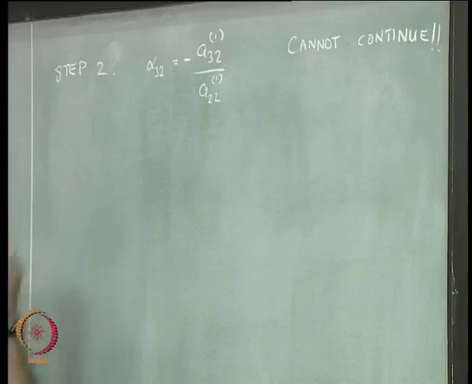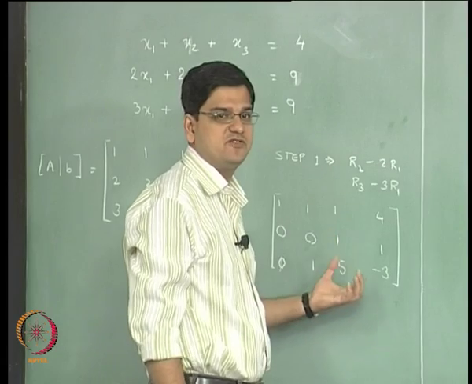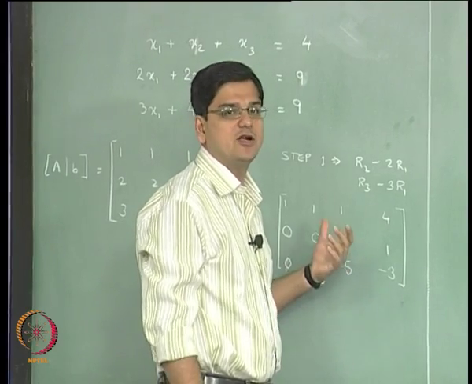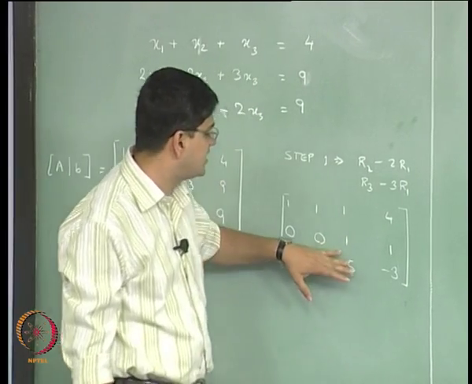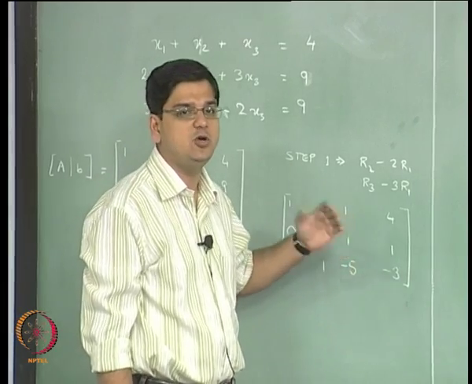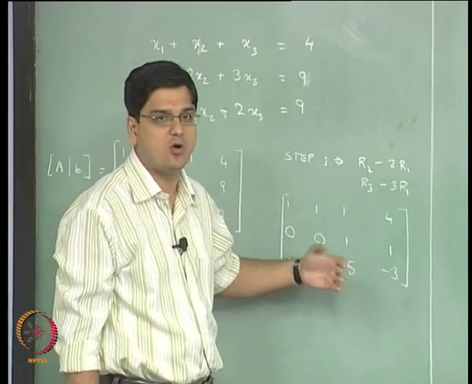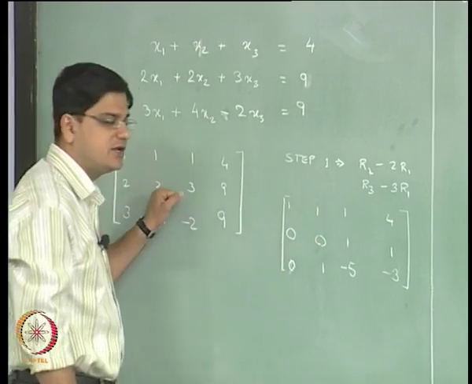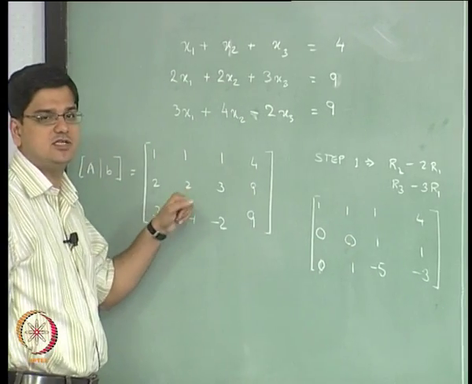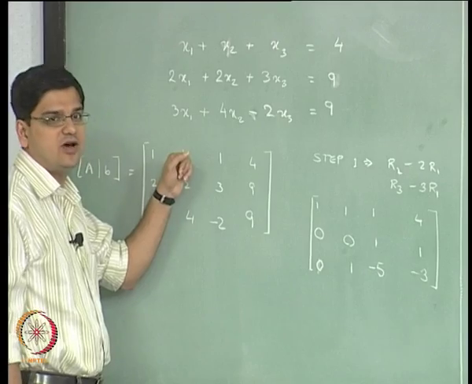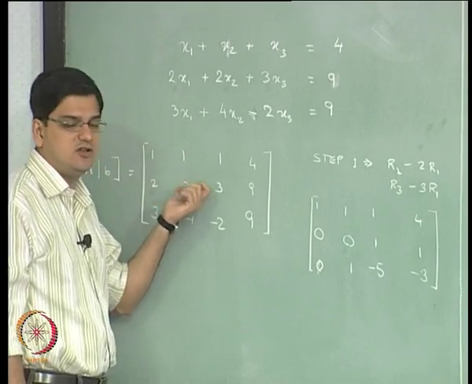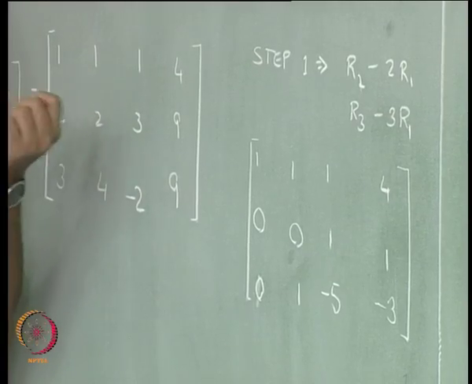Okay. In an example of this sort, what I have done is taken up a specific example so that A22 actually becomes equal to 0, but oftentimes what we find is that A22 need not necessarily be equal to 0, but if it is a very small number, for example if we had instead of 2 over here, say 2.0001 and then 1 over here, in that case when we subtract those two numbers, the difference between the two numbers becomes a very small number.